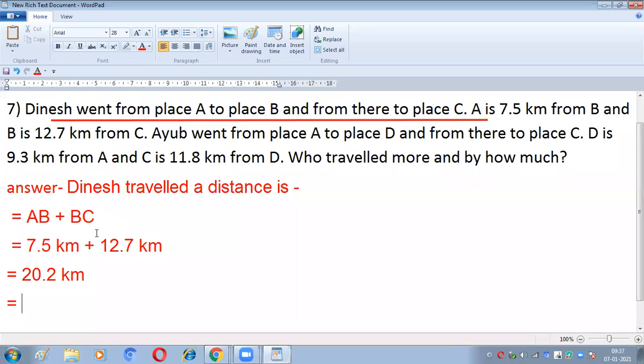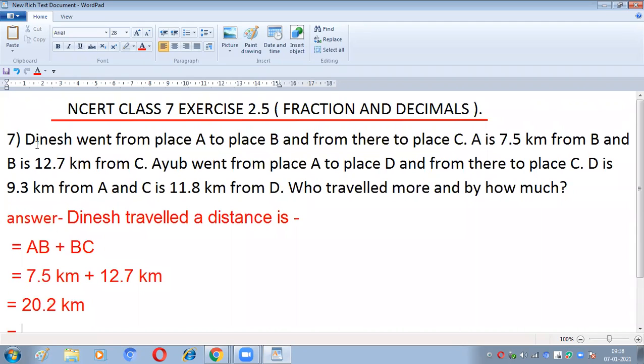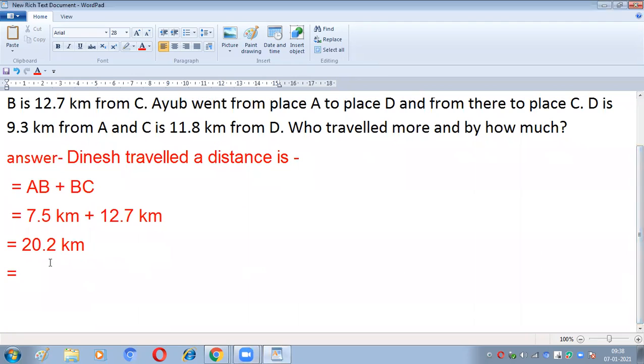So friends, now we have found the distance traveled by Dinesh is 20.2 kilometer. Now the turn of Ayub.